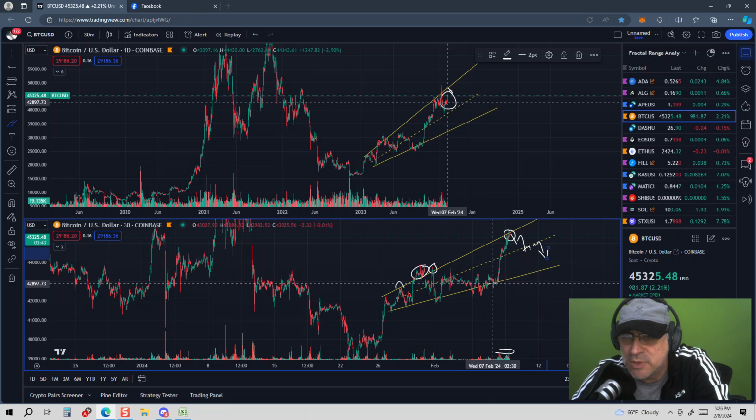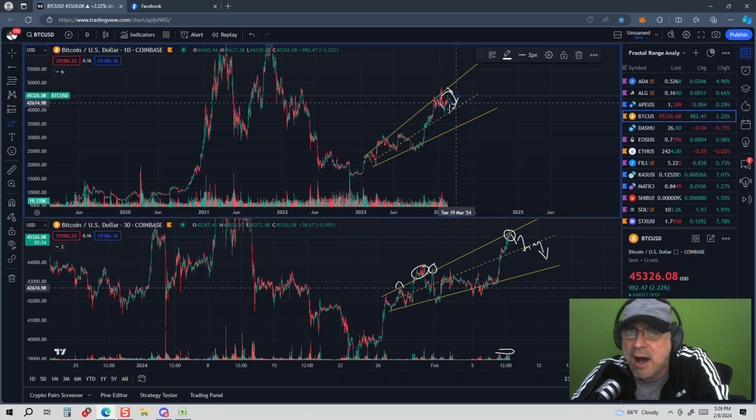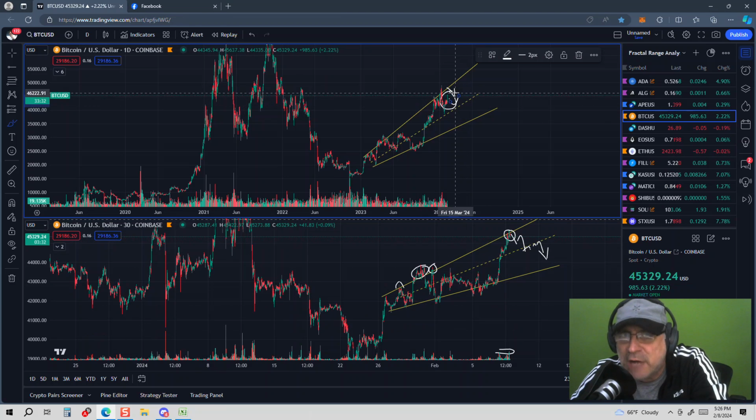Then we can reasonably assume that this as well is going to make its way back to the midpoint of this macro wedge.